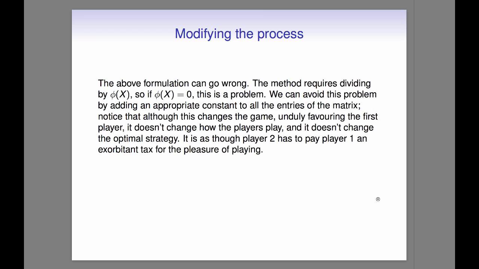And the thing to do is to add a number so that all the entries are non-negative. The way to do this is just pick the biggest negative entry in the matrix and add that positive number to everything, making that negative entry 0. You can still, on rare occasions, get phi being 0. But this is definitely a good way to start, and this process also guarantees you'll have at least 1 zero in the matrix, which is useful when you do the calculation.